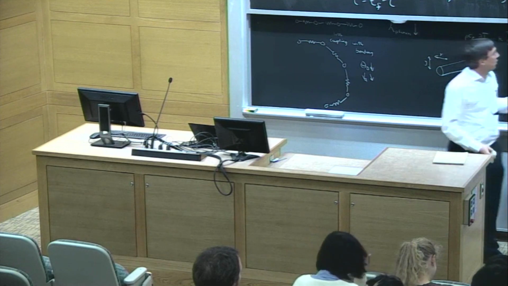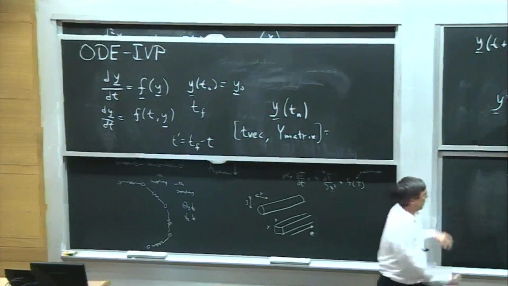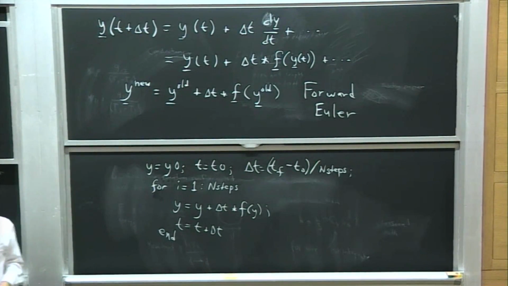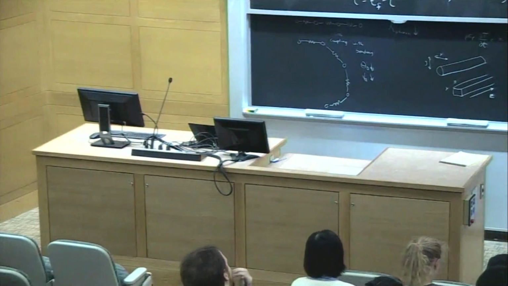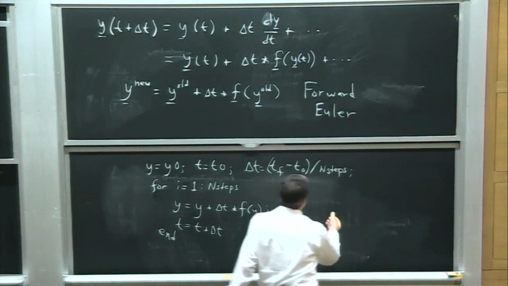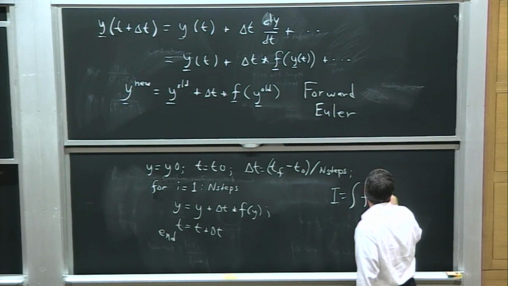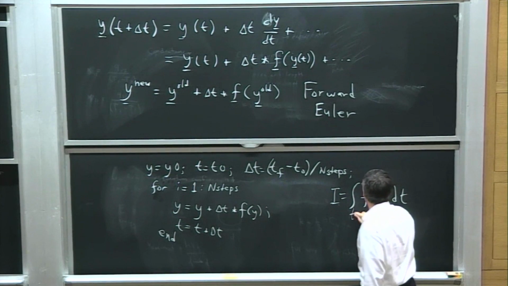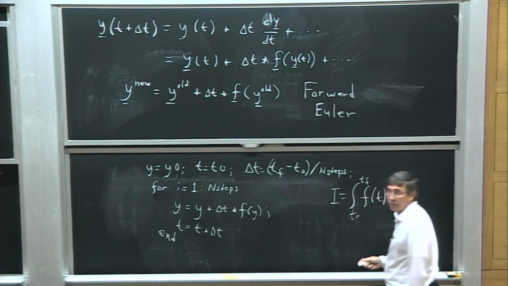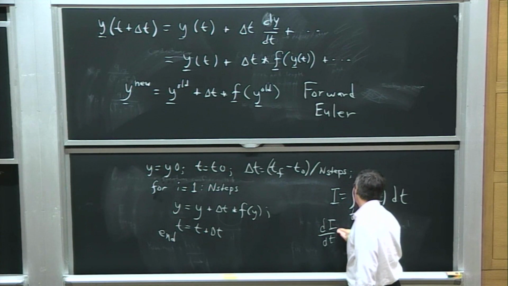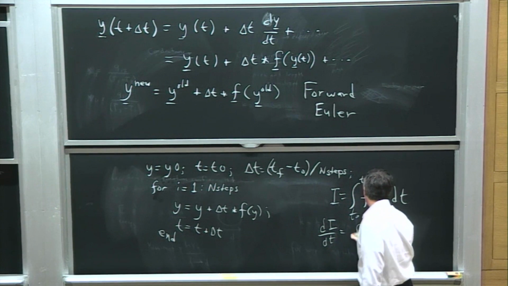All right, so I noticed that this closely resembles the rectangle rule. So the rectangle rule would look a lot the same. Instead, however, if you're integrating a function, so I have I is equal to the integral of f of t dt, then I can notice that the derivative dI/dt is equal to f of t.